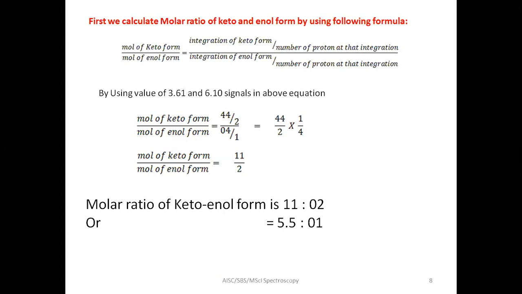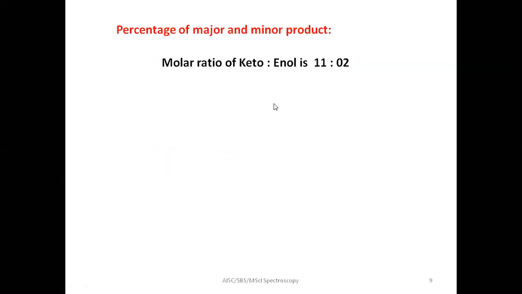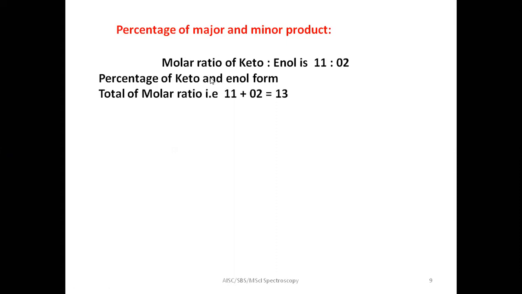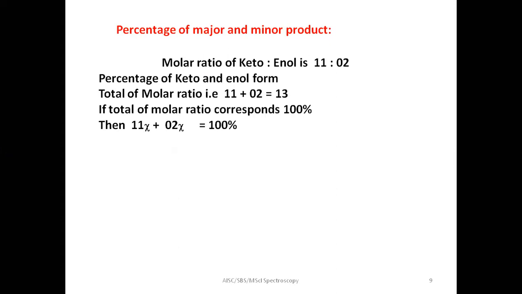Here we calculate the percentage of major and minor product. The molar ratio of keto to enol is 11 to 2, therefore the total molar ratio 11 plus 2 is equal to 13, and that corresponds to 100%. Therefore 11x plus 2x is equal to 100%.